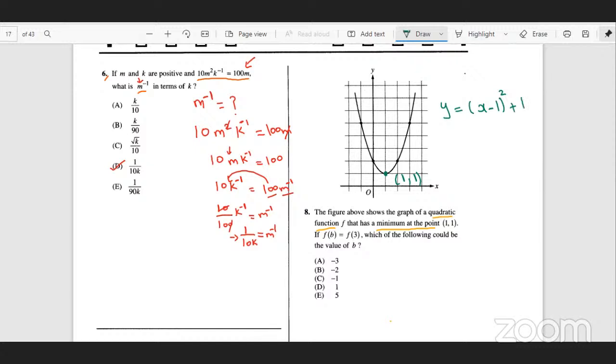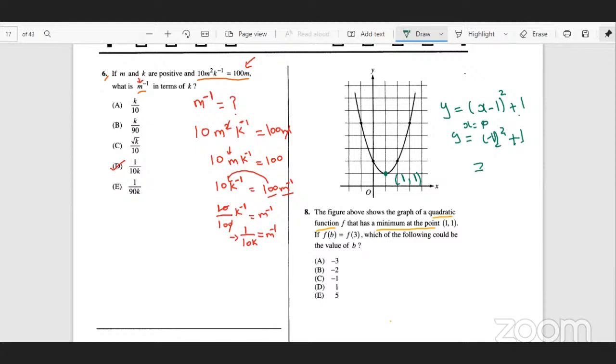And why is it like that? I'll tell you. Clearly when x is 0, your y is going to be, let's just do it. For x equals 0, y is going to be (minus 1) squared plus 1.